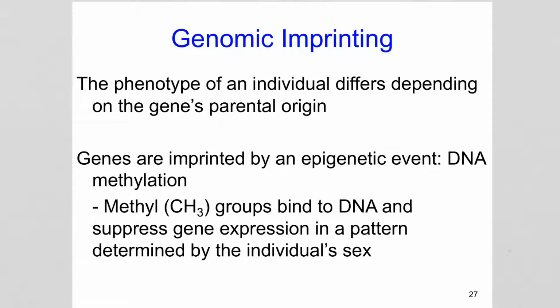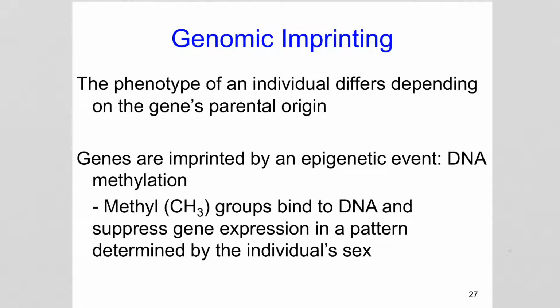So genes are actually imprinted by an epigenetic event. So remember, epigenetic means that there's a change in a phenotype, but not a change to the underlying genotype. So it's passed on from cell to cell, but not from individual to offspring.